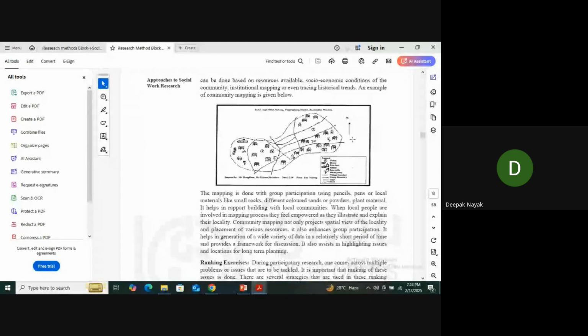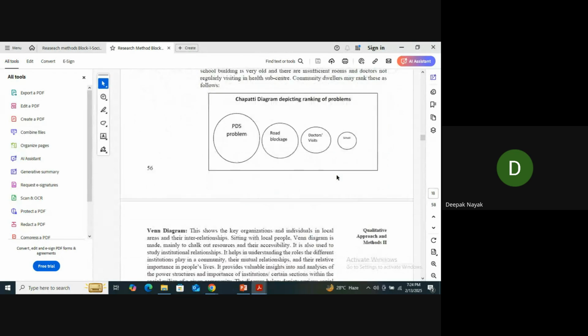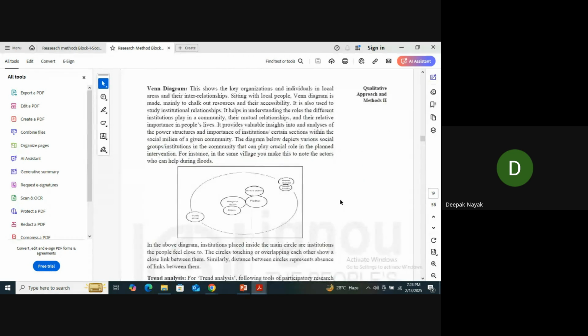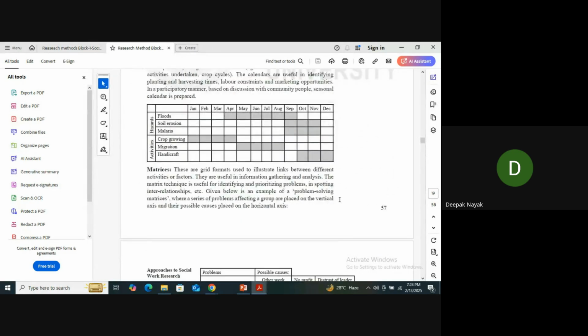That is participatory. With the participation of the people, people themselves undertake all these things. As a researcher, you have to organize this information and interpret it to produce informative material in your research.